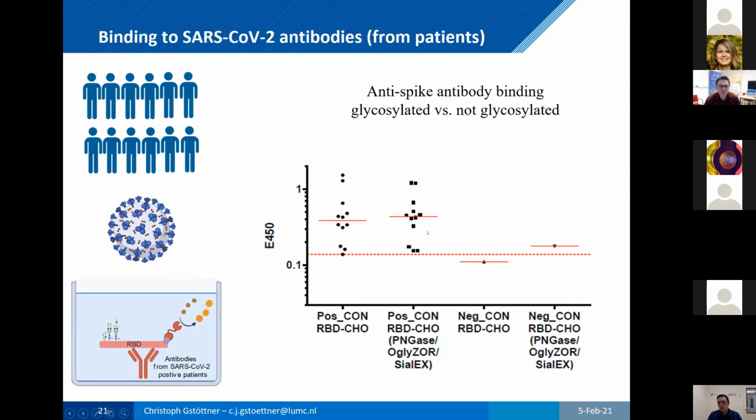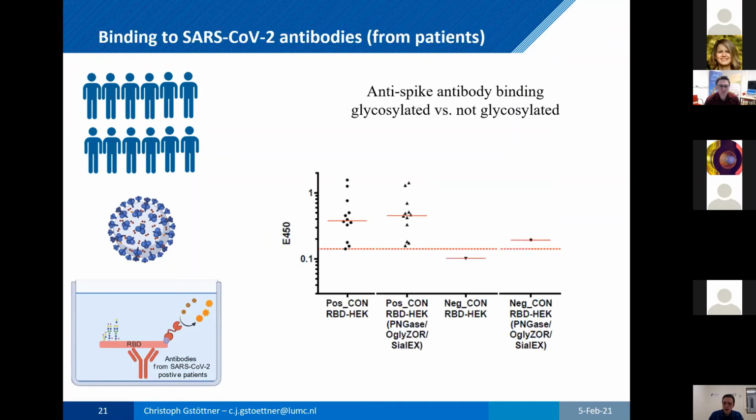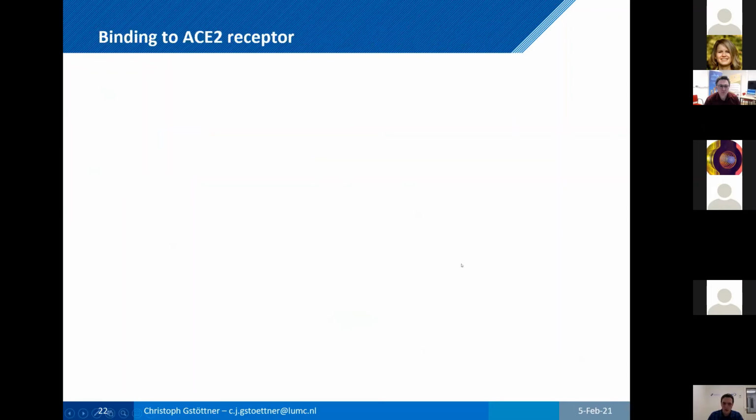So in this case, most probably the glycosylation does not have an influence on the binding. A similar effect we could also see for the HEK cell produced material. So we also have the same binding as in the CHO cell produced material to the antibodies, and we could see also the slightly elevated level of the completely deglycosylated protein, which was also visible in the negative controls.